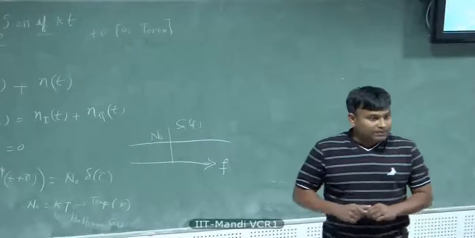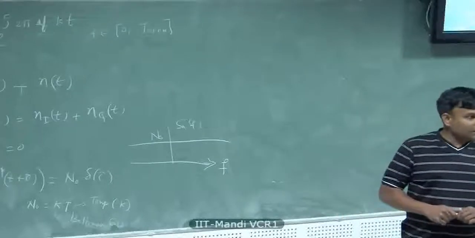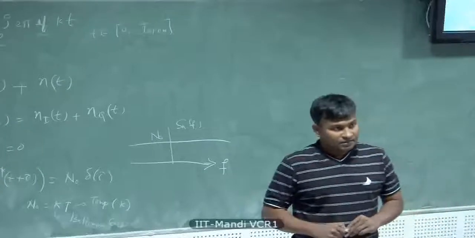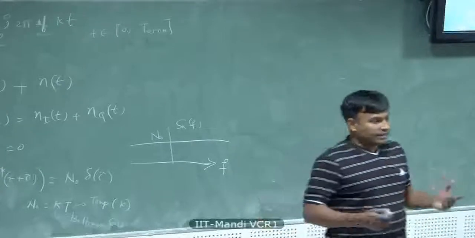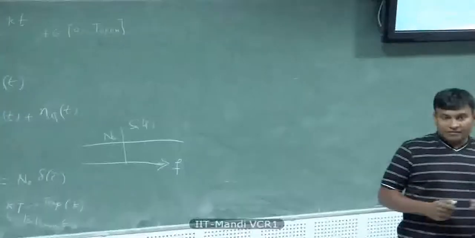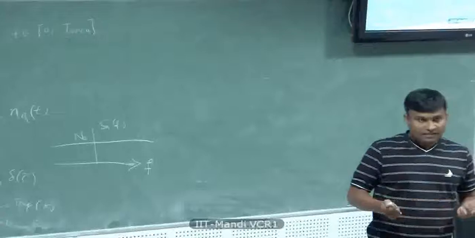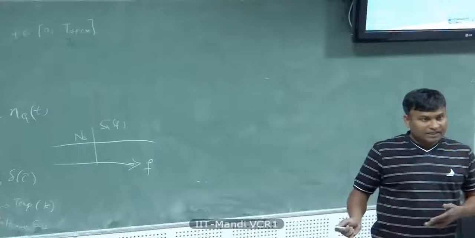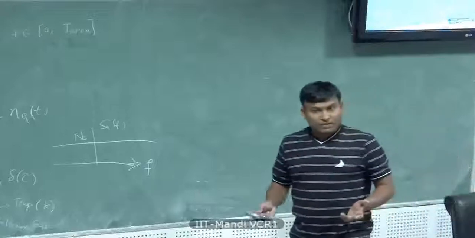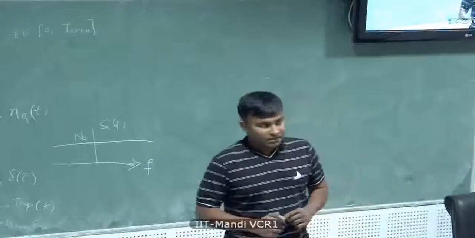Now we need to develop a receiver in the presence of noise, and this should be what is called an optimal receiver. How do you define optimality? Well, there are many criteria. Some people say when you develop a receiver and measure the bit error rate, the bit error rate should be minimum. So you define optimality with respect to minimizing the bit error rate.